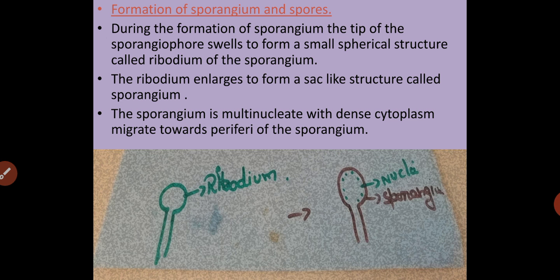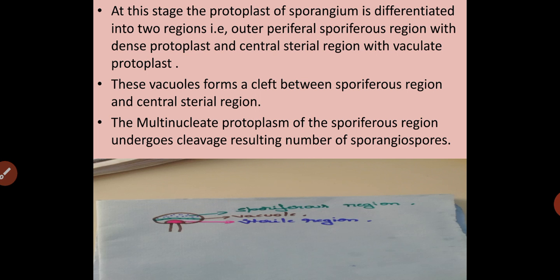Formation of sporangium and spores in it. During the sporangium formation, the tip of the sporangiophore starts to swell to form a spherical structure called the rhibodium. This rhibodium enlarges to form a sac-like structure and now it is termed sporangium. Within the sporangium, which is multinucleate with dense cytoplasm, the cytoplasm and the nuclei move towards the peripheral region of the sporangium.